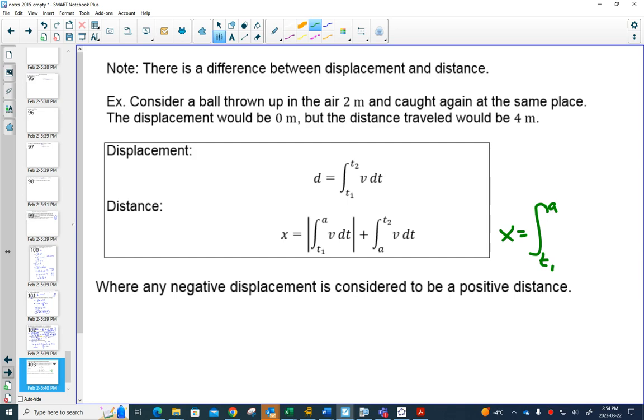Even better, to do this if you have a calculator, another thing you can do is, of T1 to T2, does it make sense if you just make your velocity the absolute value of it right from the beginning, then there will be no areas under the curve. Because here's our, let's say we have some graph like this, some sinusoidal, there's a part above, a part below. What would happen to this graph if I put absolute values around it? It would just flip the bottom part up.